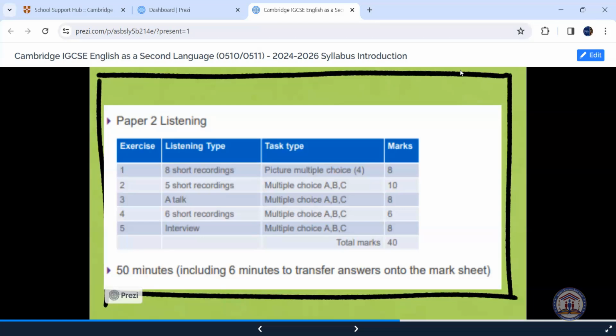And these 6 recordings are for 6 speakers. But here, you have to write which speaker goes with which detail. How many details will be added here? 8 details. So 6 speakers, but 8 details.